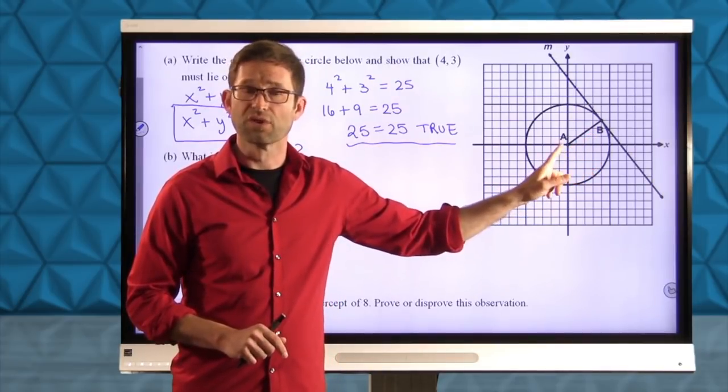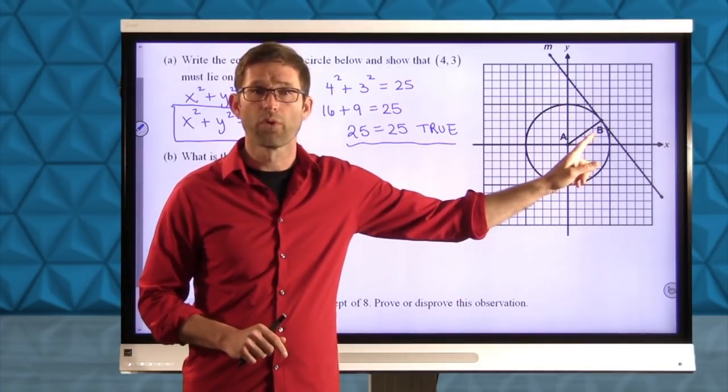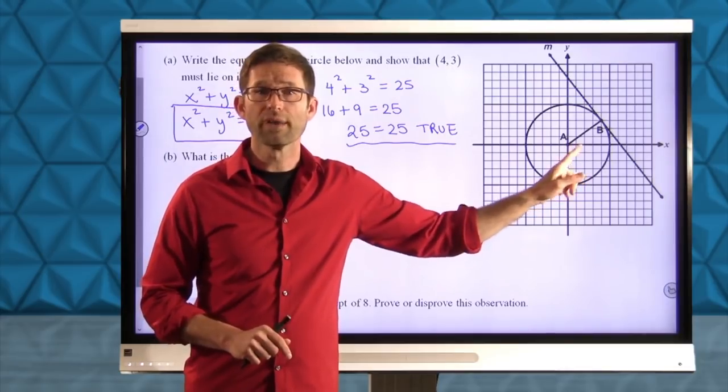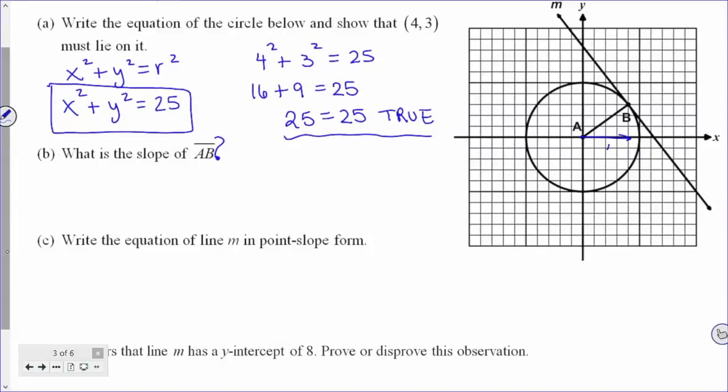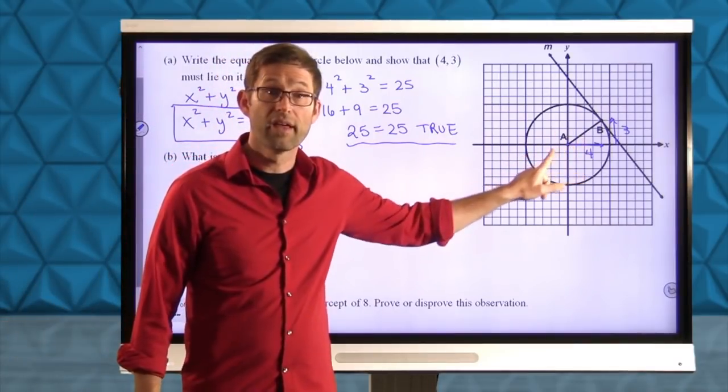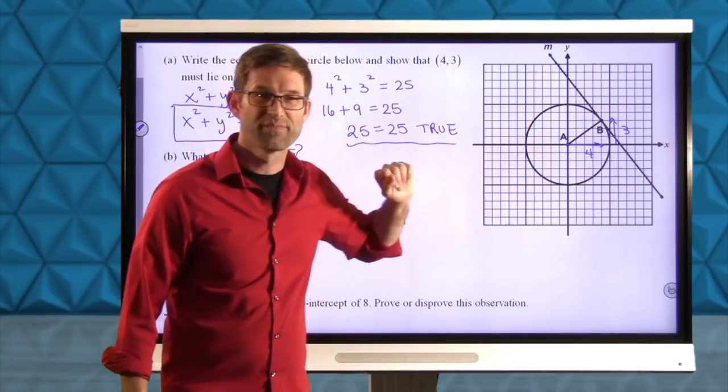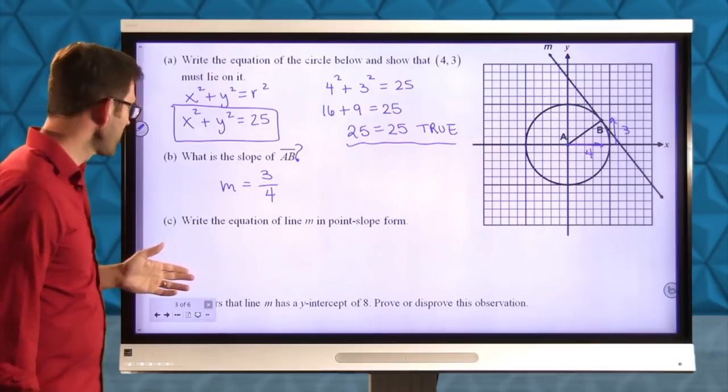A has coordinates of 0, 0, B has coordinates of 4, 3, or you could just use rise over run, right? You could simply come in here and say, well, I had to go 4 units over, I had to go 3 units up. Either way that you do it, the slope of AB is 3/4. All right, that's the slope of AB. AB, that radius, okay?